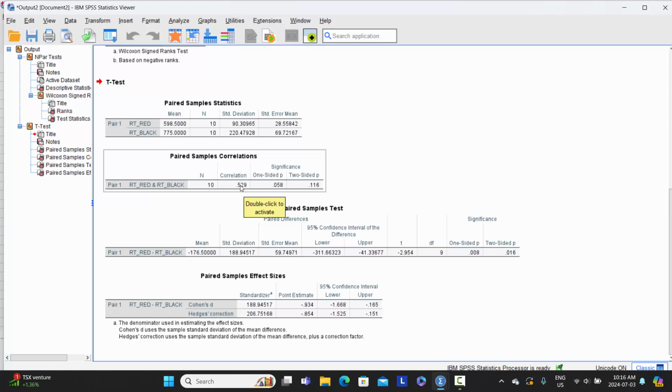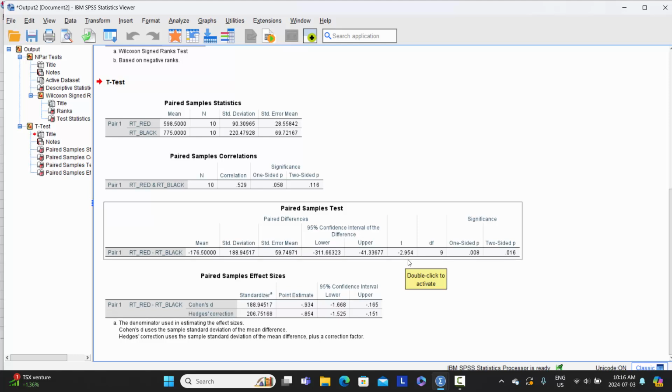This is what we want to see. We want to see at least a moderate correlation. And so when we go down to the paired differences, what we're looking for is that calculated t-value of negative 2.954 with a degree of freedom of 9.